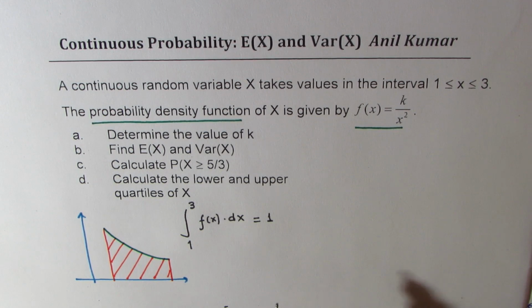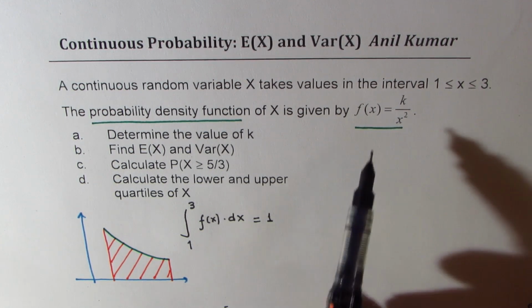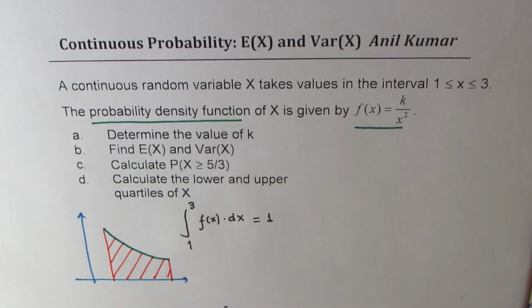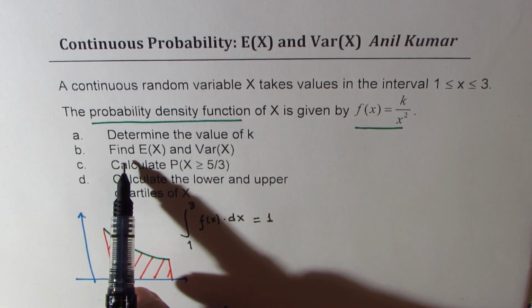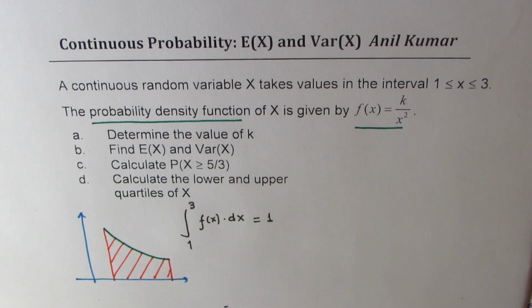Correct? Now, once the value of k is known, then we really know the probability density function, and then we'll move on to part B, which is to find the expectation and the variance. Now, for all continuous functions, we are dealing with the population, correct? So, the average here, the mean is mu.